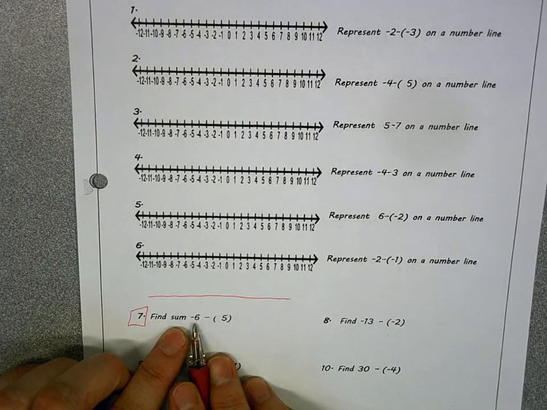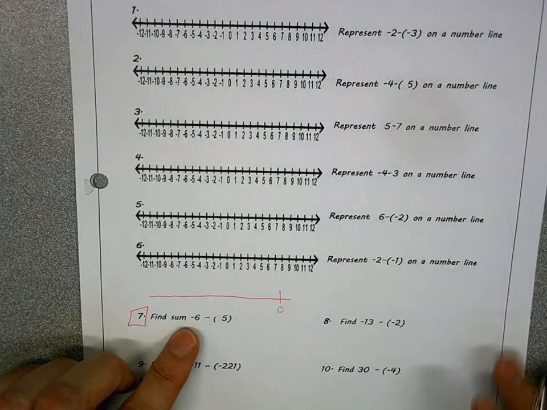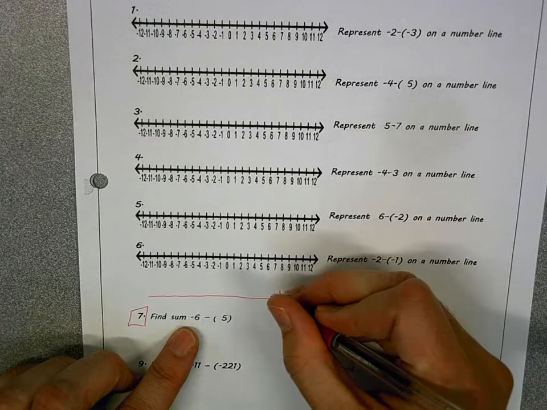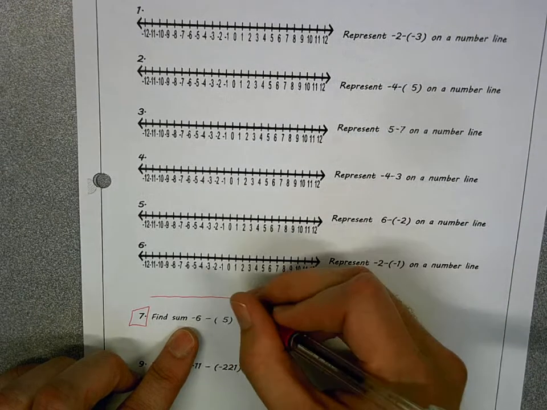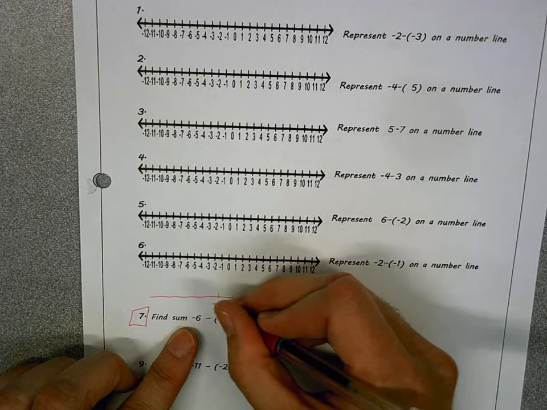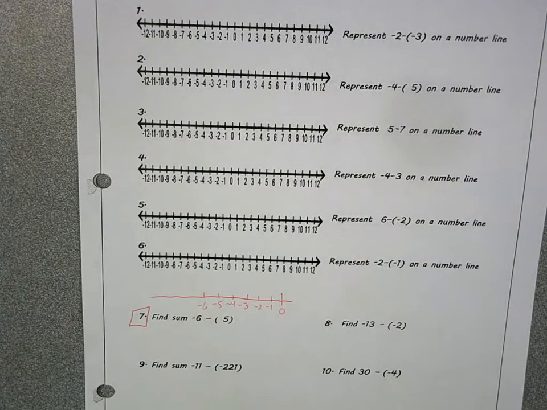I noticed that the first integer we're going to go to is -6, so I'm just worried right now about getting it to -6. So -1, -2, -3, -4, -5, -6. I can extend it more if I need to in a little while.